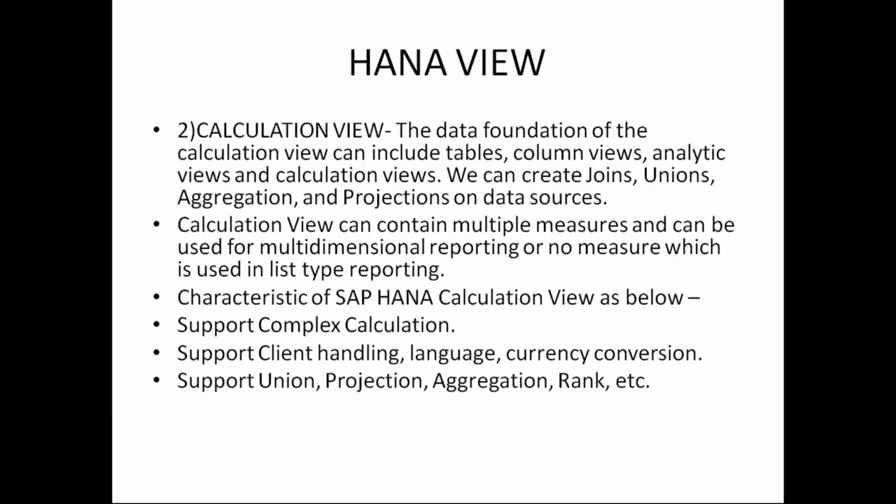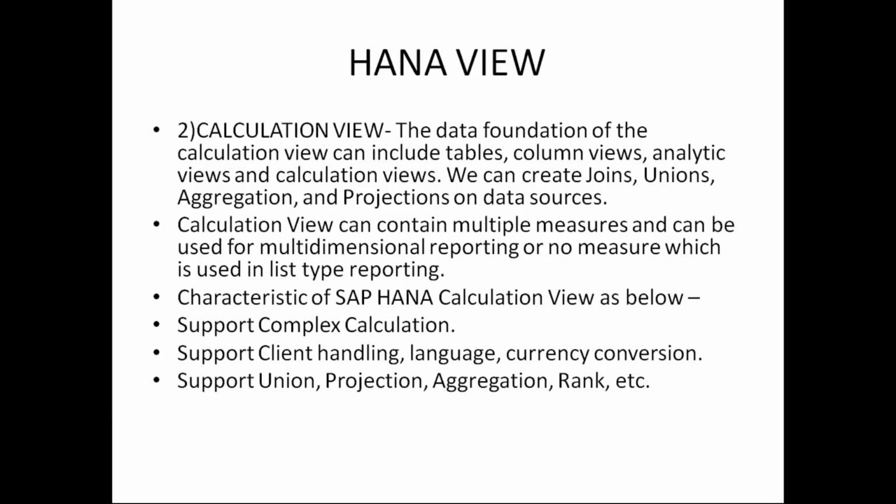In an attribute view, you can't do multiple calculations; there is no measure value and you can't aggregate. For that purpose SAP introduced the HANA view. In a HANA view, you can do multiple calculations, and use joins, unions, aggregation, projection, and rank.